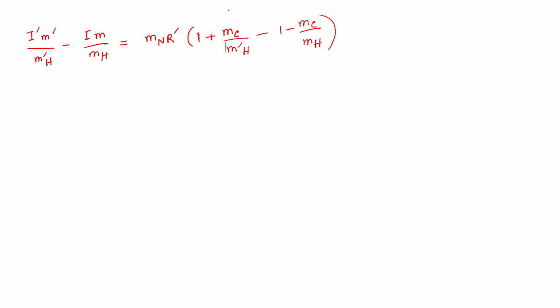So we have 1 gone, mc is also common, so mn r dash mc, 1 by m dash h minus 1 by mh, mass of h is not I. So what do we get here?